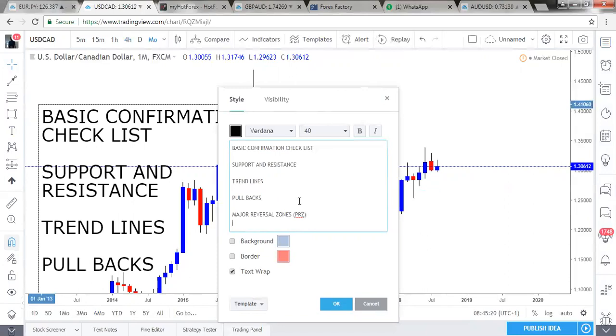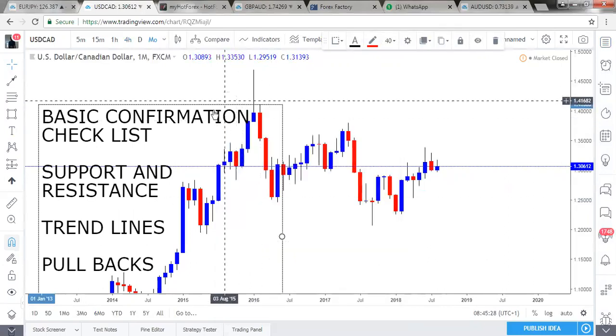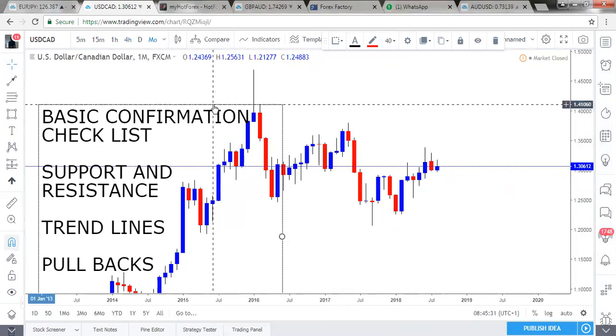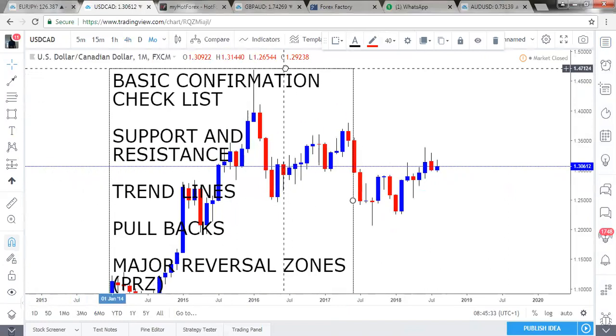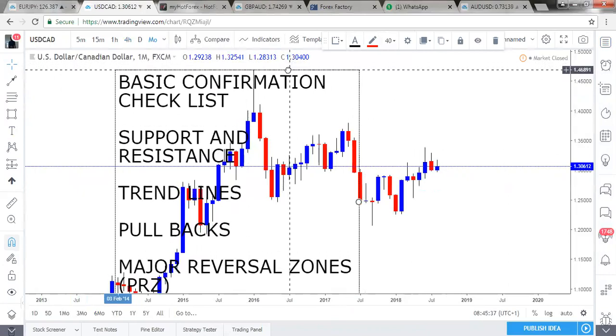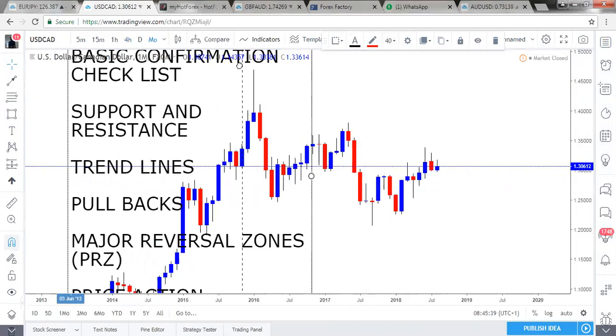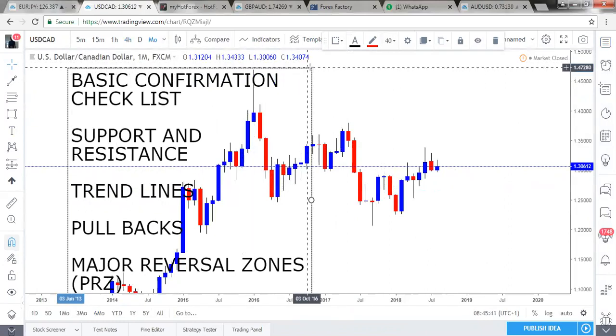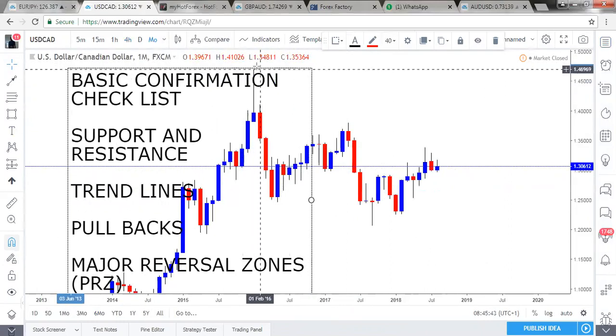Then you can also look at the price action, because after seeing all this, you need to find out what price is currently doing, what the price action is based on that. So let's look at these 5: support and resistance, trend lines, pullback, major reversal zones, and then the price action. All right, so we're going to take them one after the other.